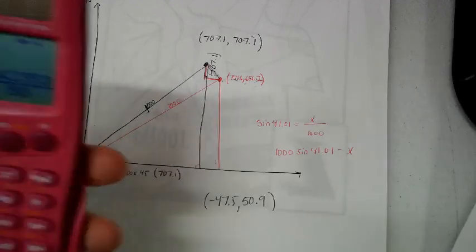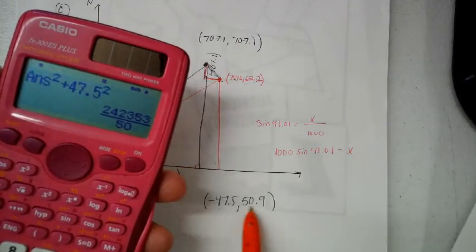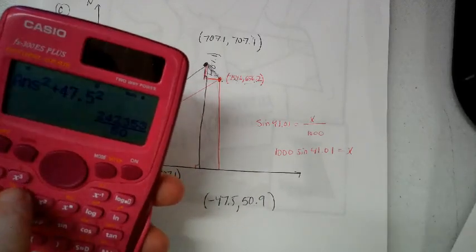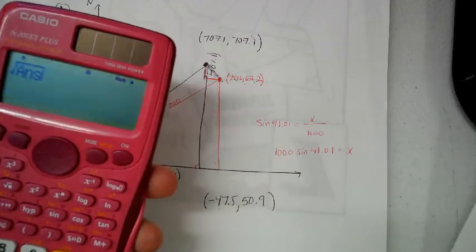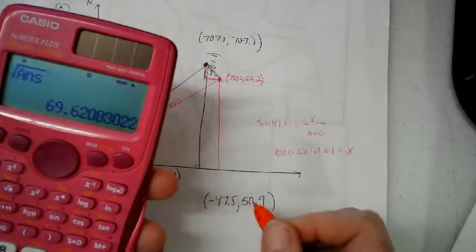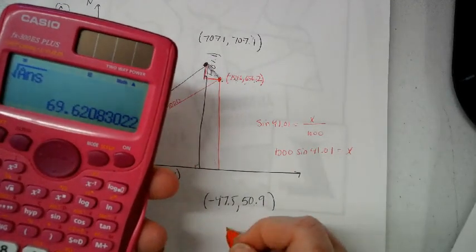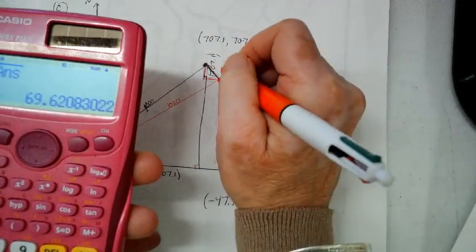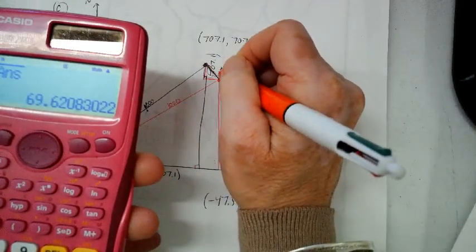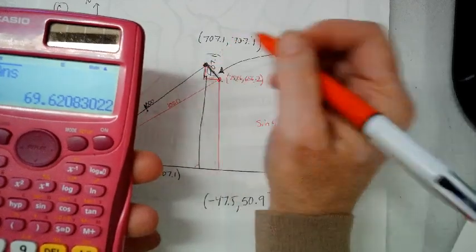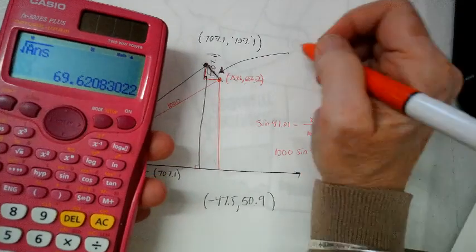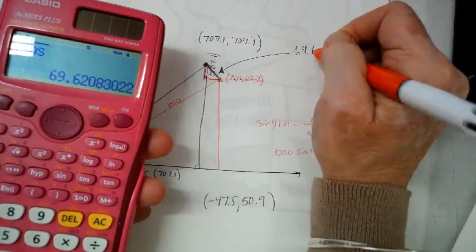So I squared both of them and added them together, and then I'm going to take the square root of the answer, and that's going to give me this distance right here, which is the difference between where he wanted to go and where he did go, is 69.6 miles.